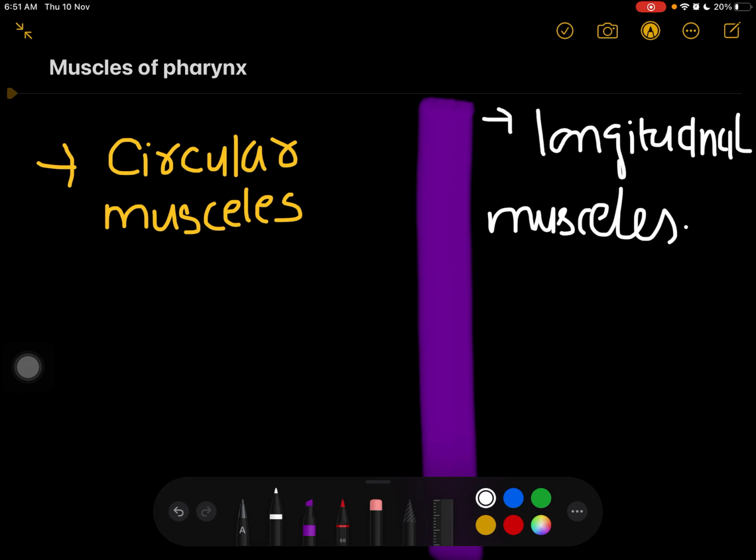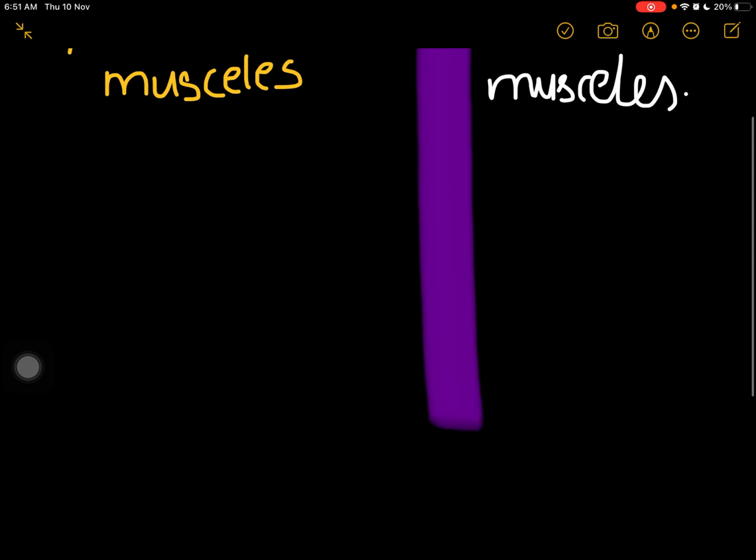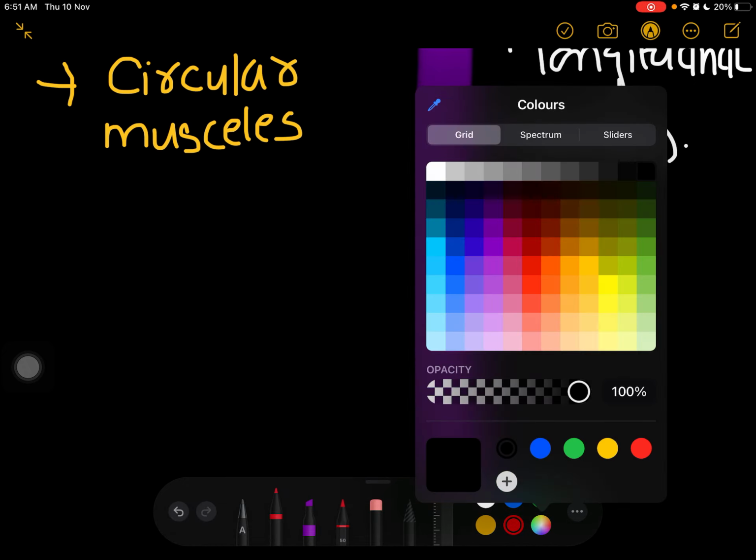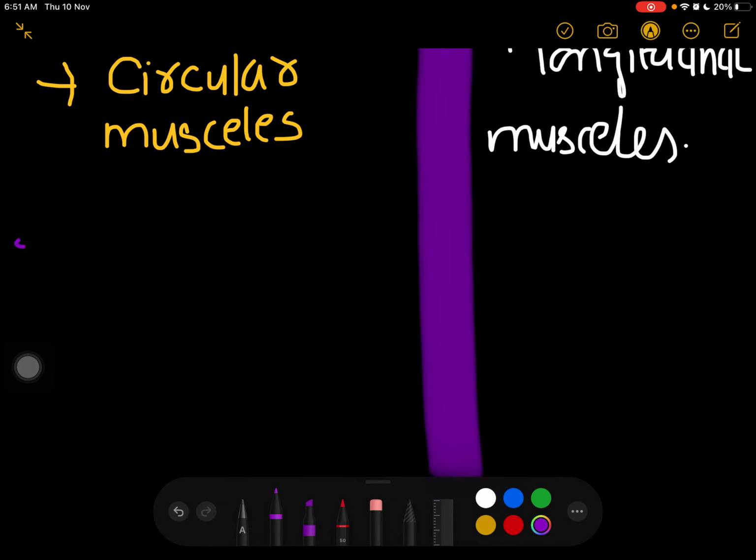And still there are three types of each. We are having circular muscles and longitudinal muscles, and these circular muscles are basically known as constrictors, right? Number one is the superior constrictor.